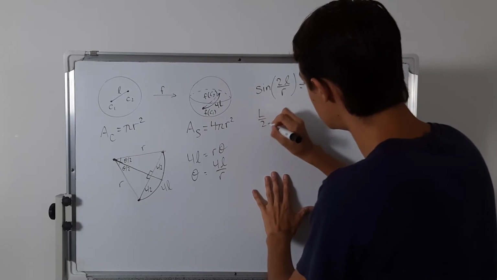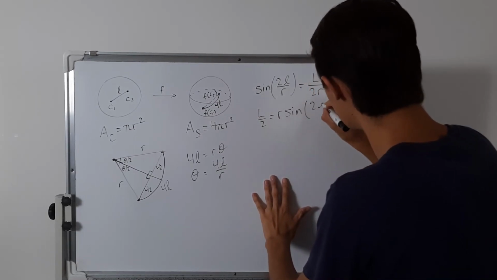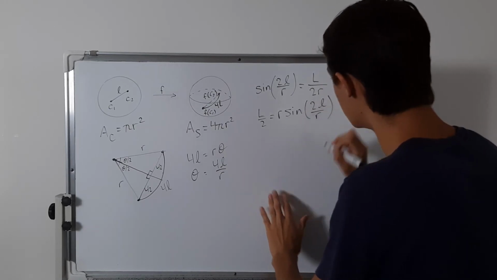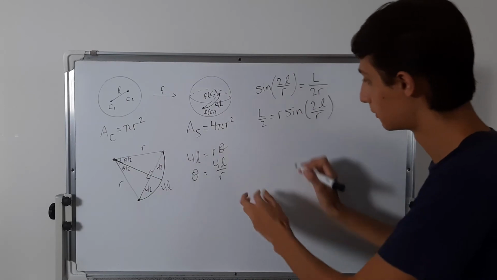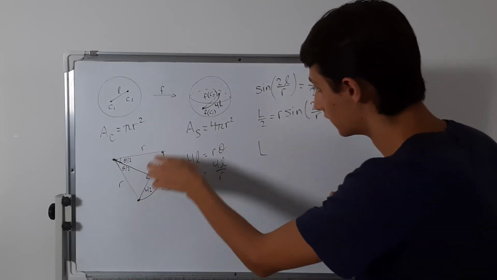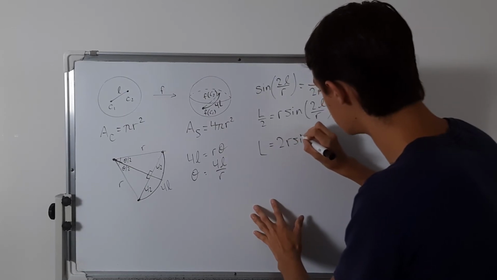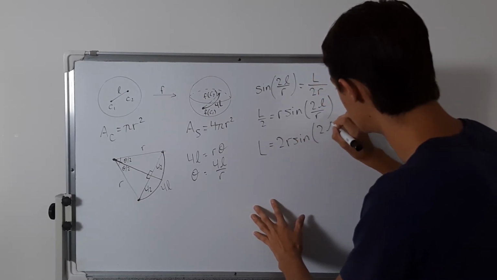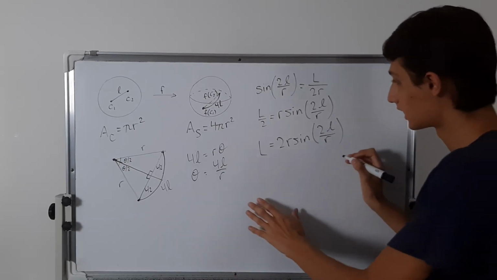Capital L over 2 is r times sine of 2 times lowercase l over r. This is just this portion, and if we want to find the whole thing, which is exactly what we wanted, that would be 2r times sine of 2 lowercase l over r. And that's exactly what we wanted.